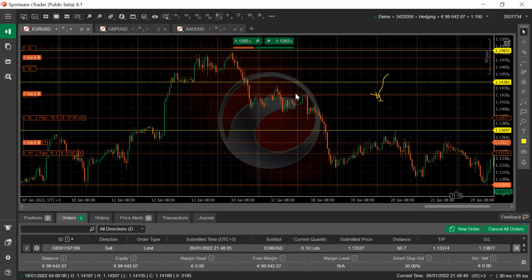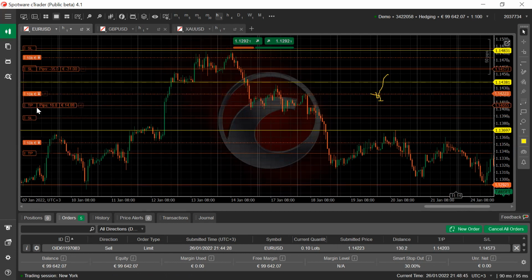So I think this one we didn't pull it for 15 pips. So 15 pips, somewhere around there. 15, yeah, 14.9, almost 15 pips.